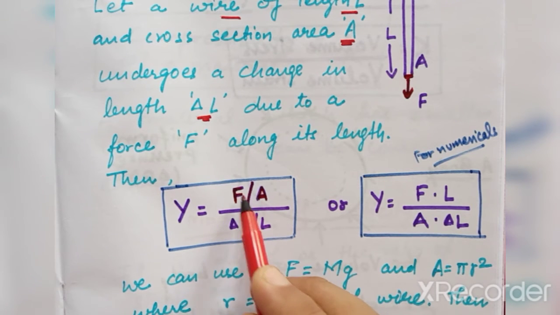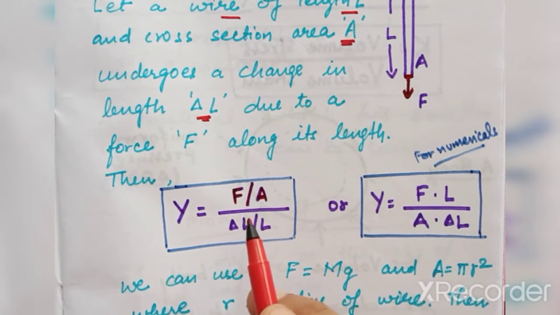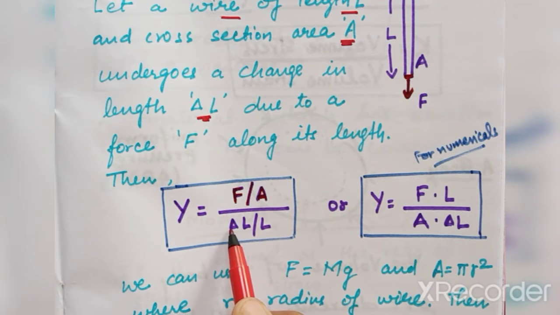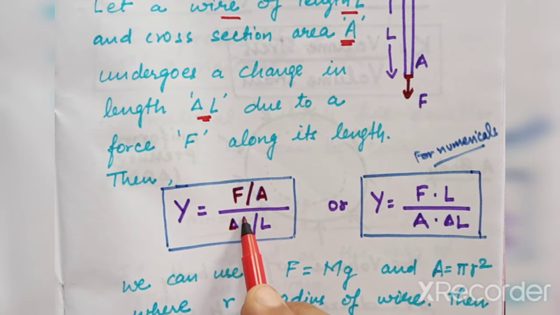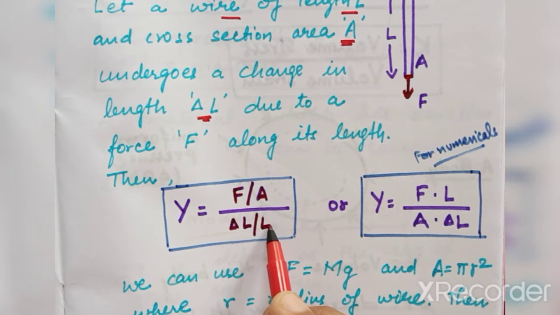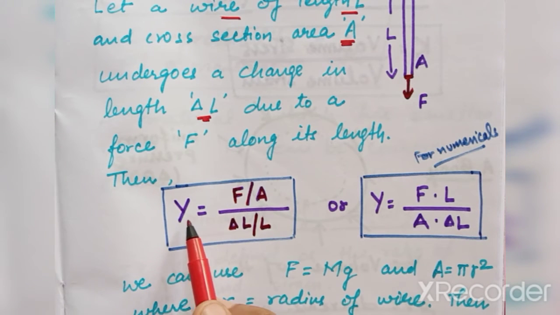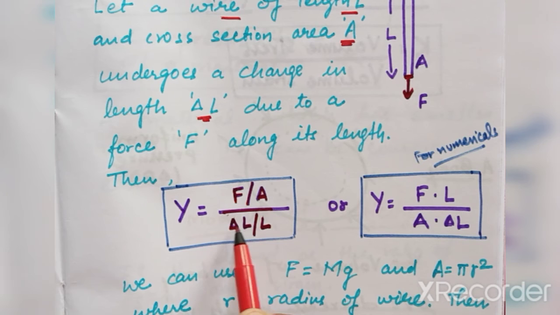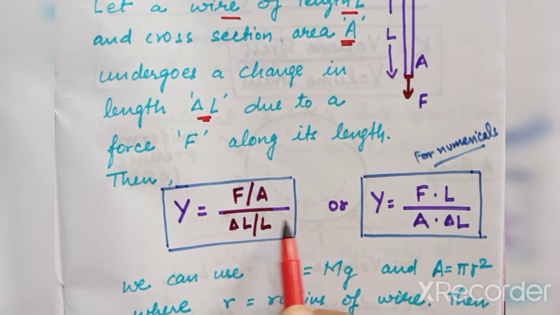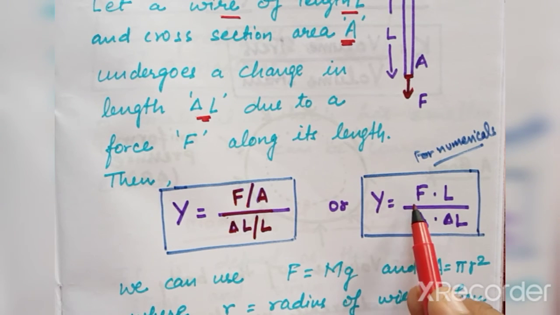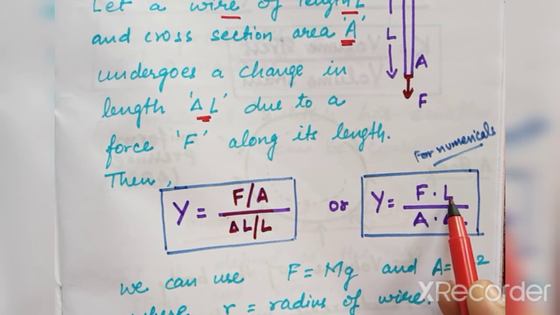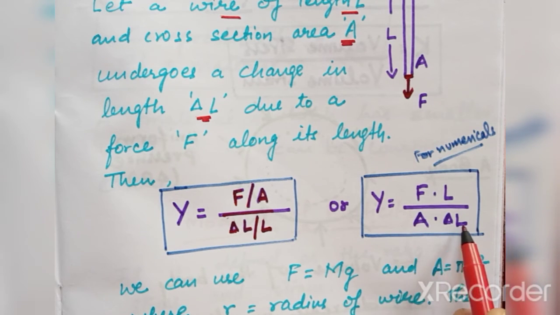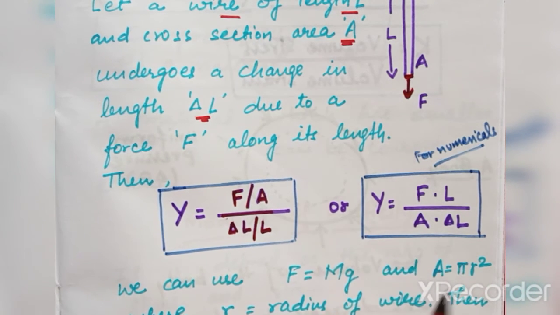So the longitudinal stress is F by A and the longitudinal strain is delta L by L. Change in dimension is delta L and the original dimension is L. So the Young's modulus is F by A upon delta L by L, or we can write this as F into L upon A into delta L.